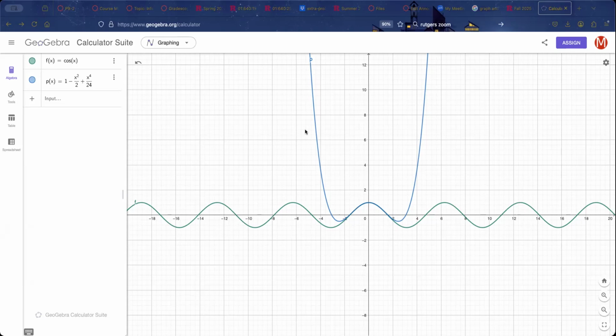Outside the interval of convergence is where things can go wrong. For something like cosine, the interval of convergence is infinity, so it converges everywhere. That's how you think about it. So the series always works. But there are other functions, which I'll write in a bit, where the interval of convergence does not work everywhere. That's where the difference is.